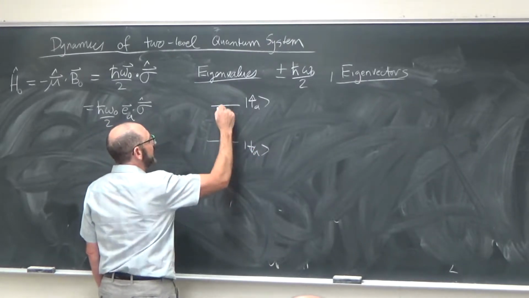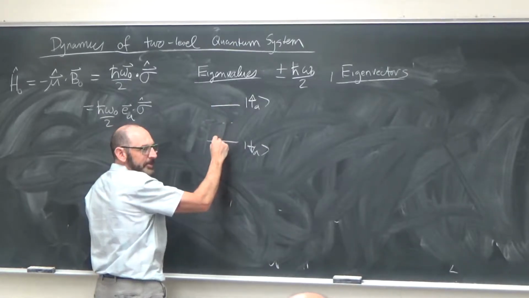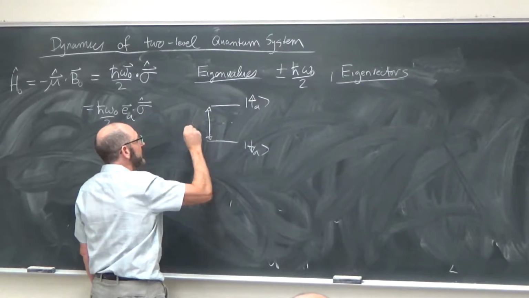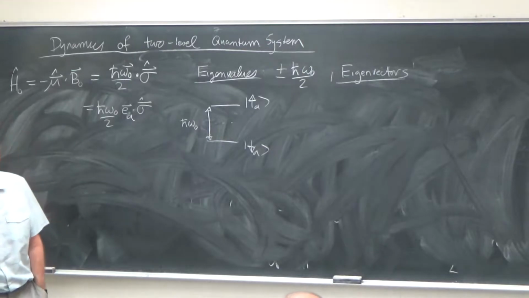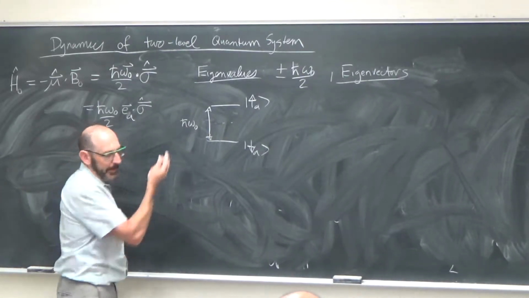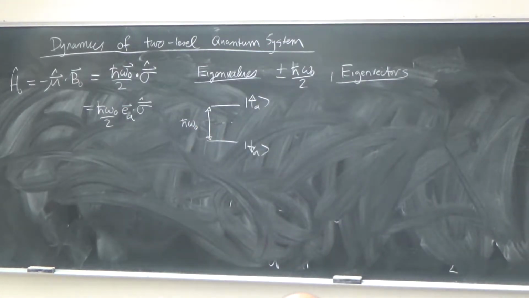This guy gets shifted up by h bar omega over 2. This guy gets shifted down by h bar omega over 2. So the energy difference between those is h bar omega. One goes up and one goes down by h bar omega over 2.